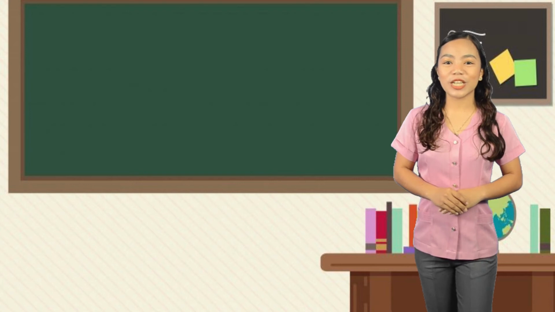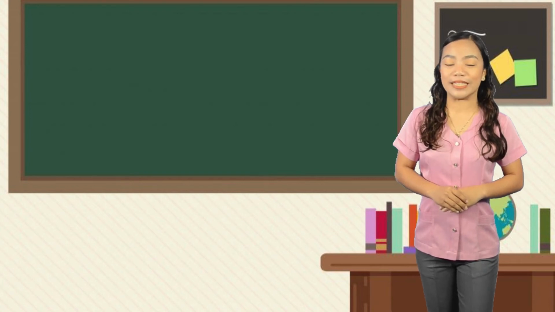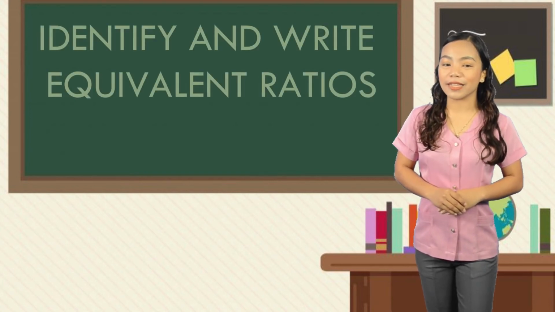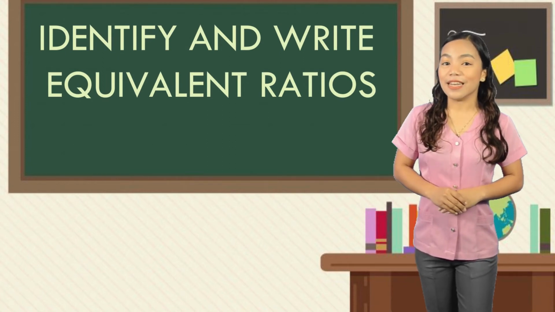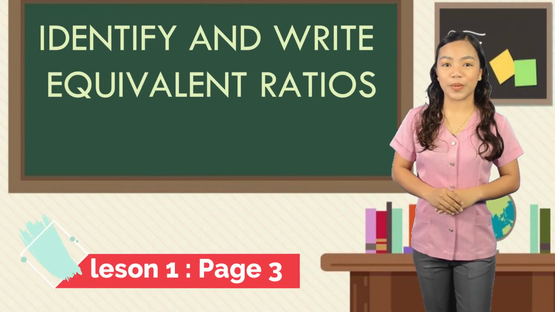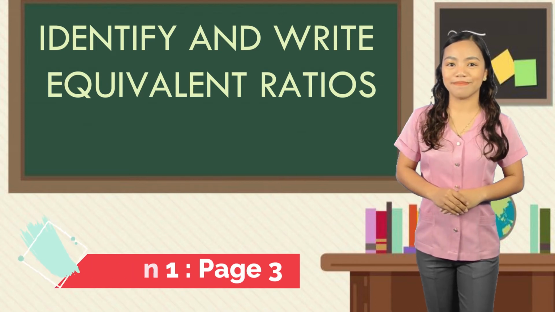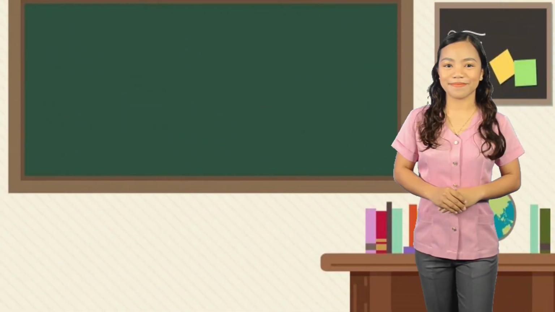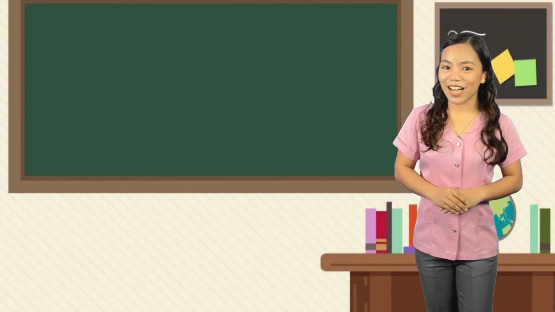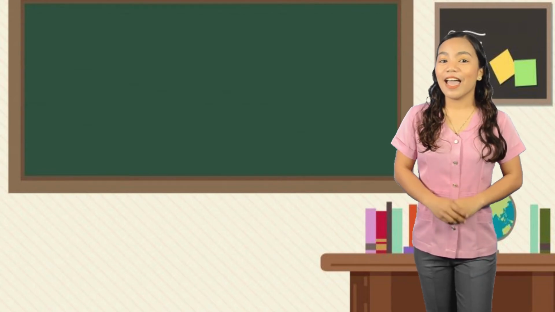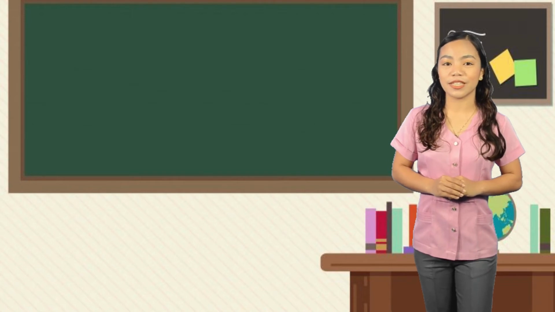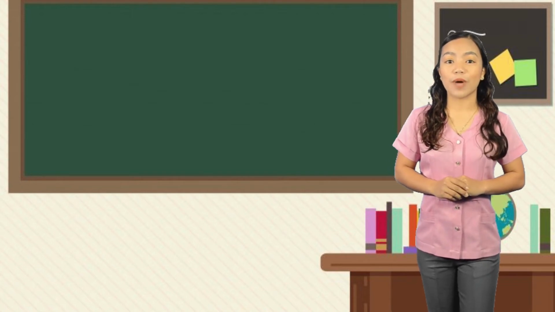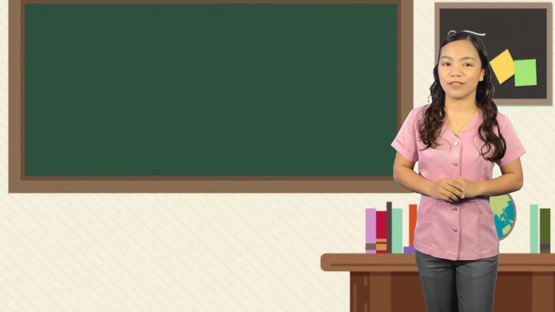Today, we shall be learning on how to identify and write equivalent ratios. That is Lesson 1 on page 3 of your module. Let us study. In order to identify equivalent ratios, it is important to answer this question.